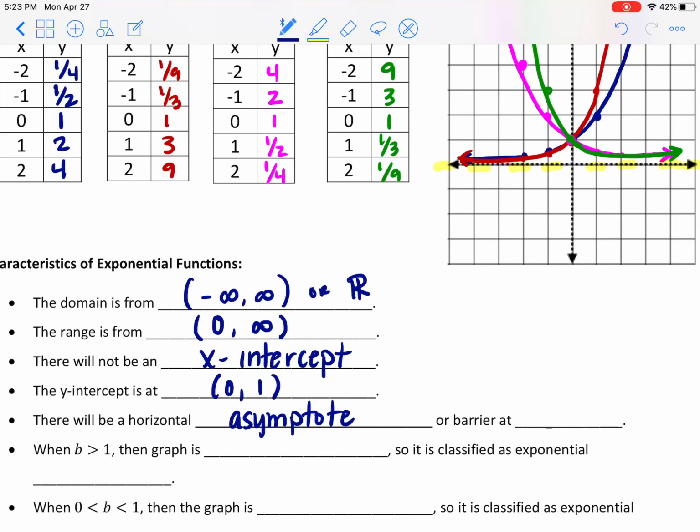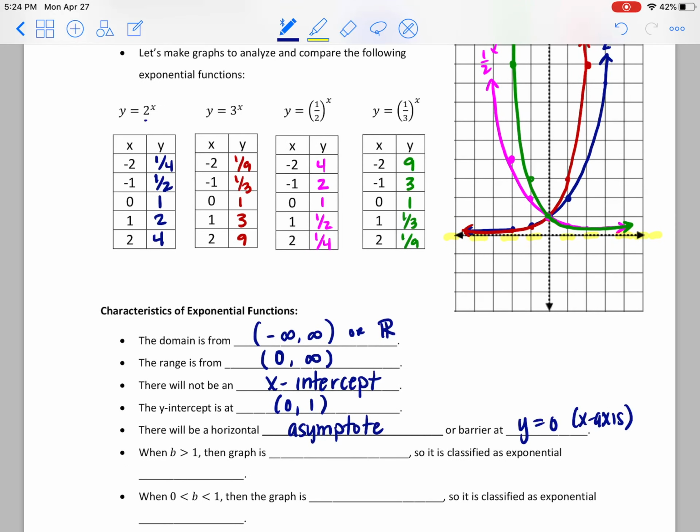And there was a horizontal asymptote happening at the x-axis. So horizontal asymptote at, or barrier at x equals 0. Just kidding. At y equals 0, which is our x-axis.